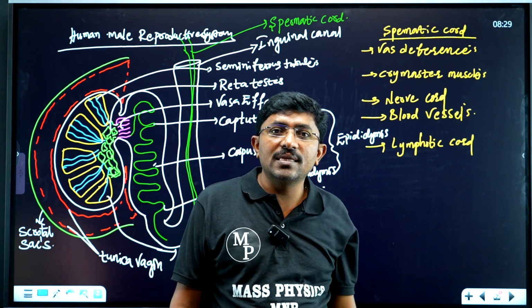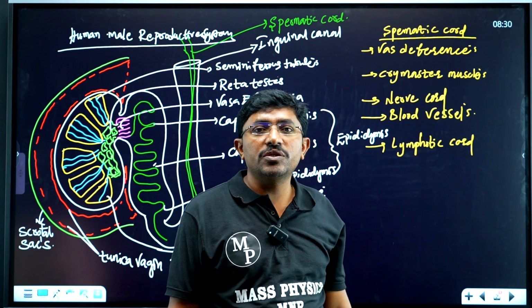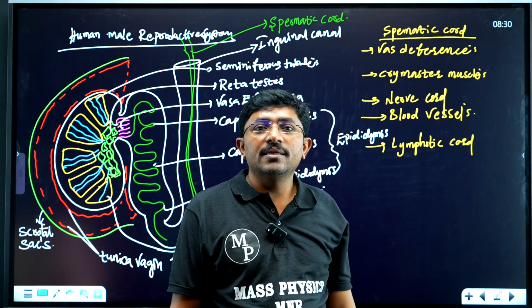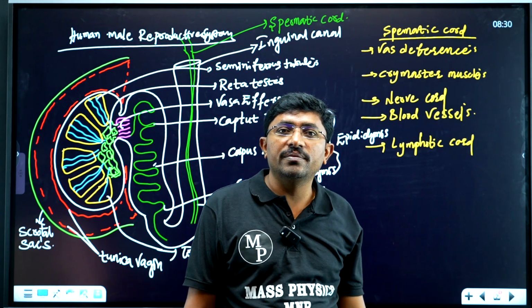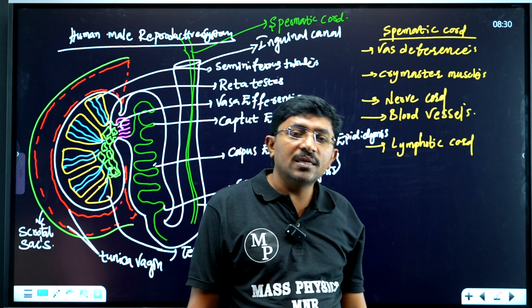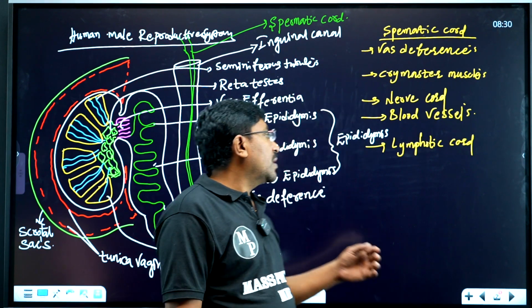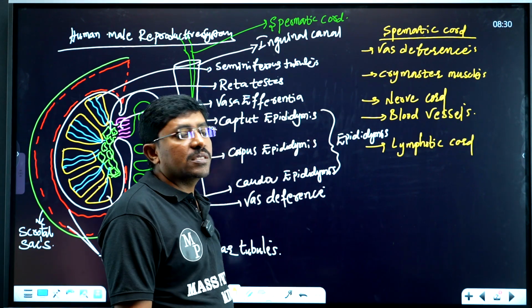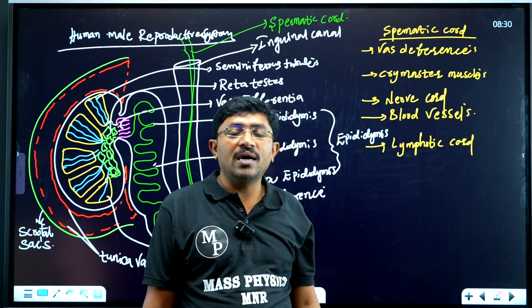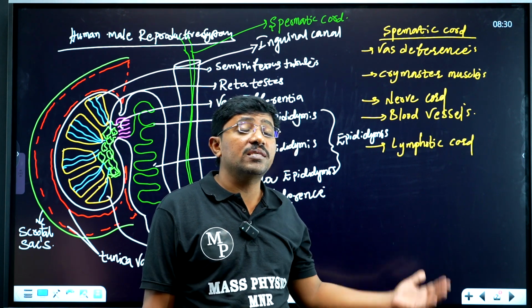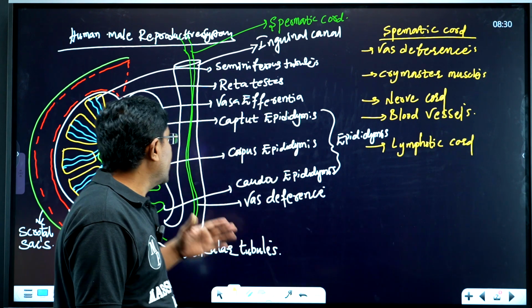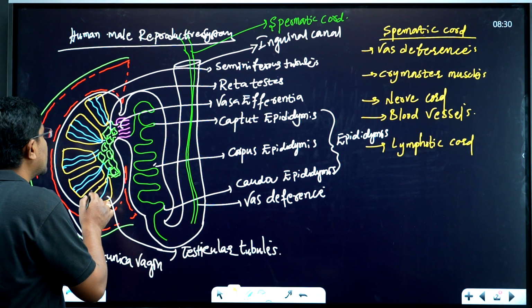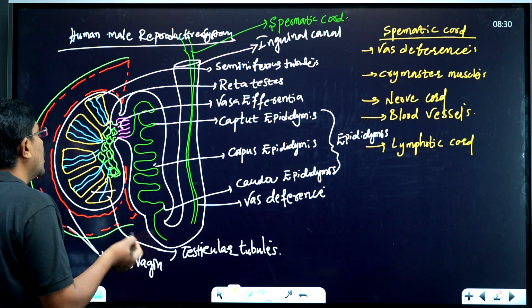What is the reason for the seminiferous tubules being called the structural and functional unit? Within the seminiferous tubule, the spermatogenesis process is initiated, and sperm production takes place.